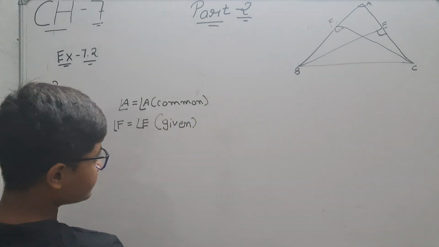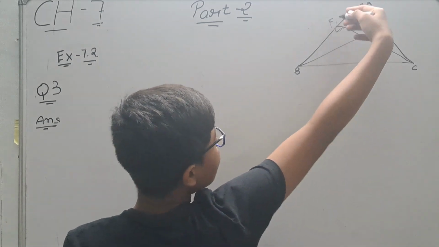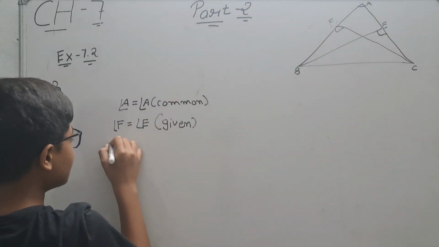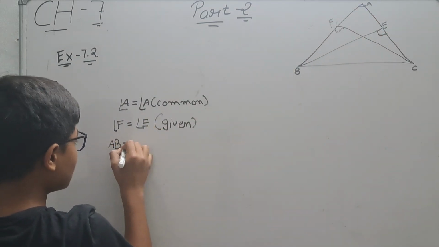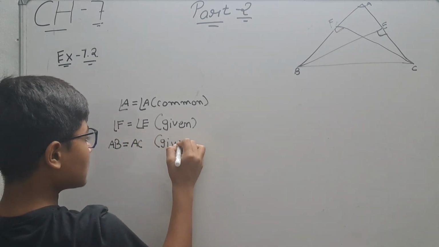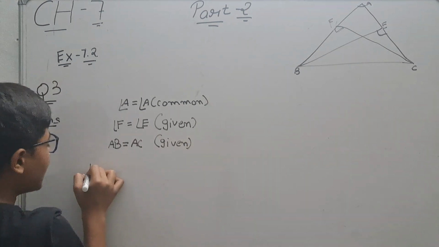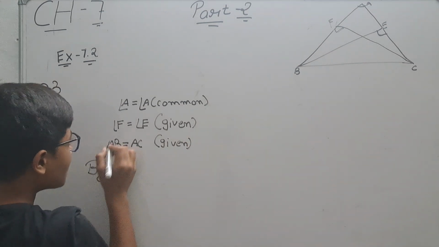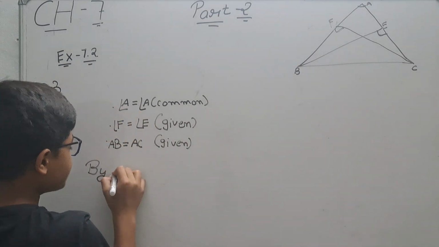And AB equals AC, given. By AAS congruence.